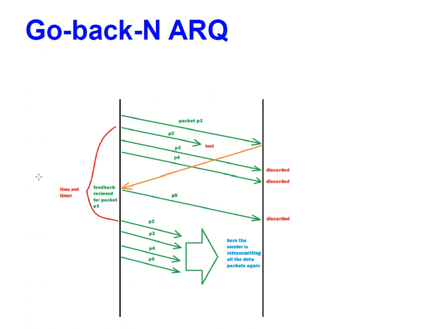This is what we see in the case of link utilization, where instead of sending packets one by one, you can send a bulk of packets, but in case of error, the packet that has the error, followed by the remaining ones, has to be resent.